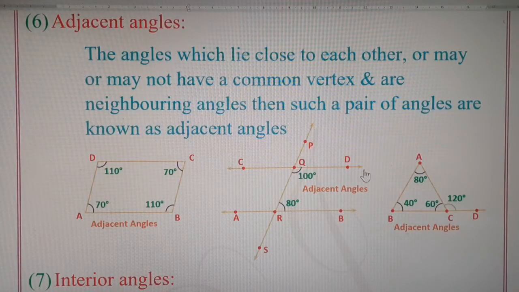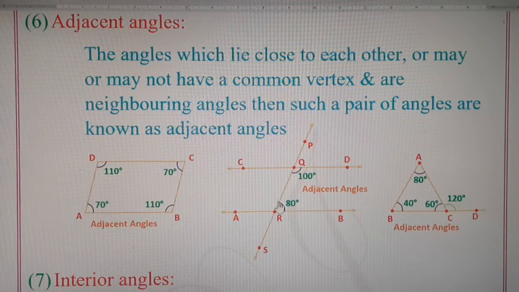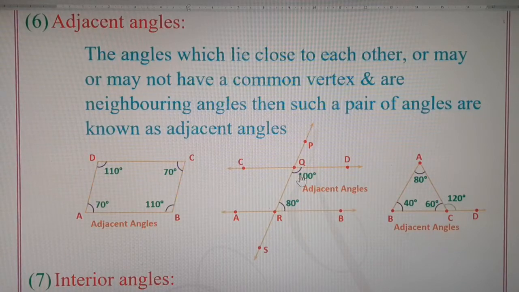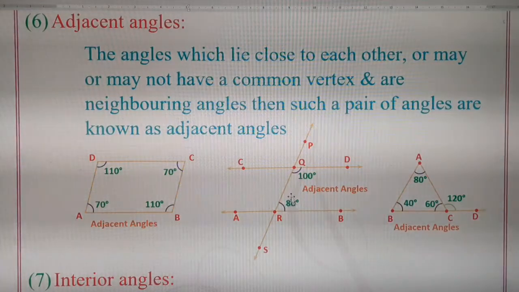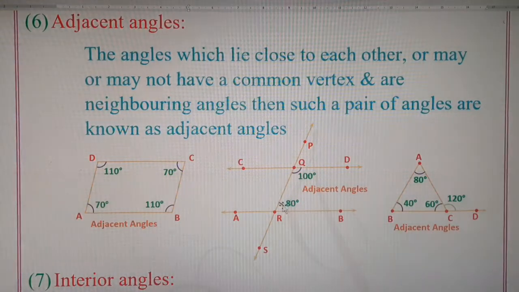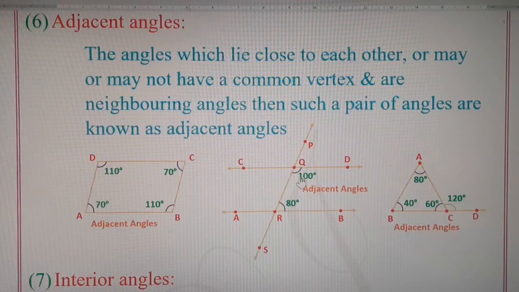So here angle DQR is 100 degrees. Then we can calculate the value of angle BRQ as 80 degrees, because co-interior angles are supplementary. So the sum total of their measures will be 180 degrees. Co-interior angles are also known as adjacent angles. Here they are neighboring angles or nearby angles, so we'll call them adjacent angles.